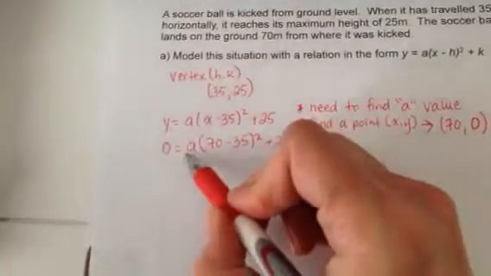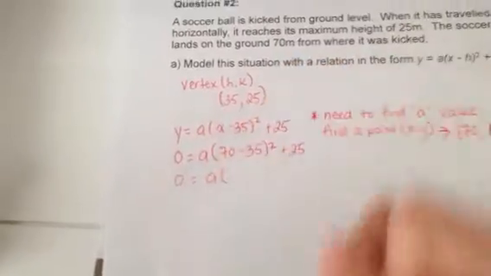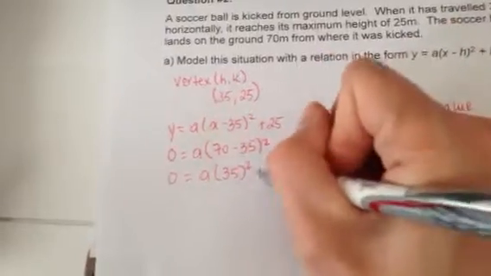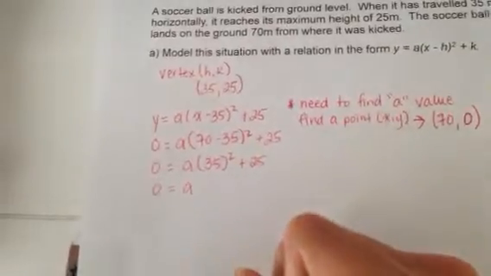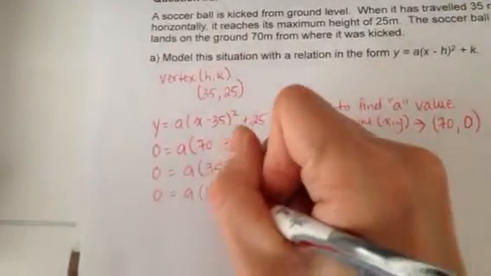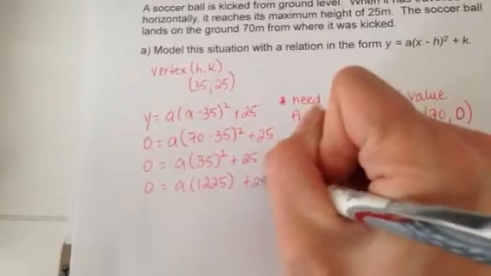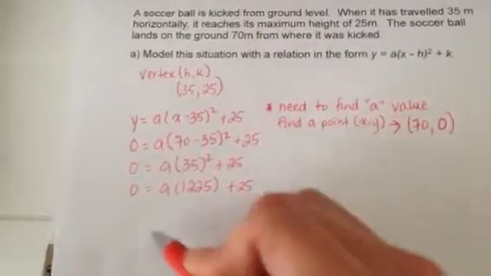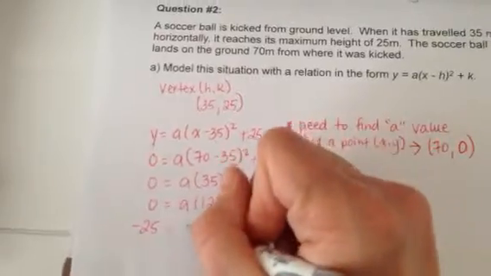Now all we have to do is solve for a. 70 minus 35 is 35, so 35 squared plus 25. 35 squared is 1,225, plus our 25. Let's move our plus 25 over to the other side, so it becomes minus 25.